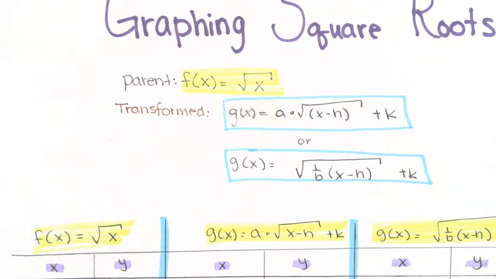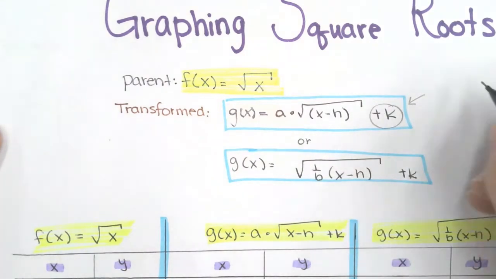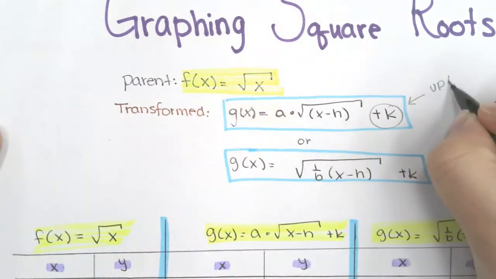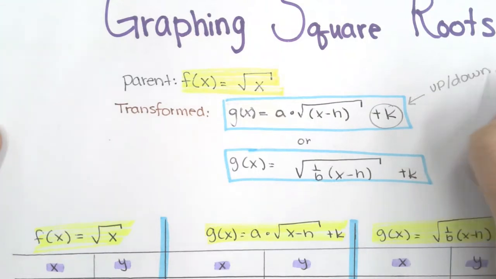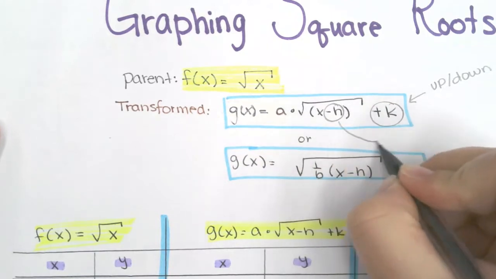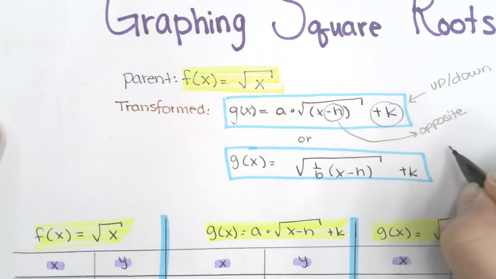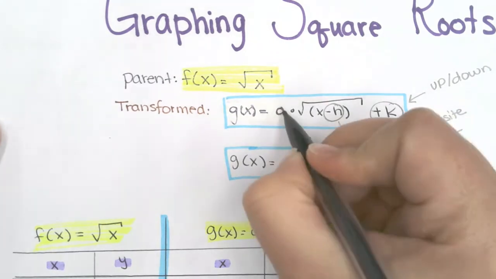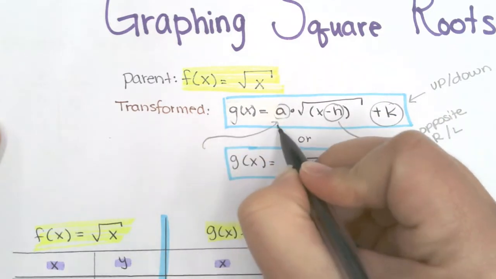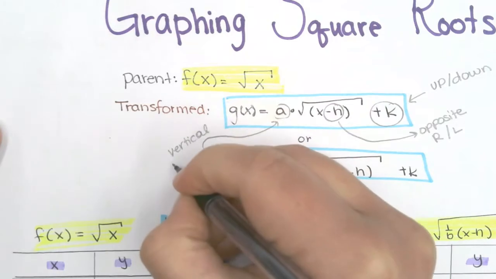So with your transformations, you have the traditional transformations. Your k value is going to be your up or down shift. Your h value is going to be the opposite of what you see, and that is going to be your right or your left. Your a value is your vertical stretch or compression.